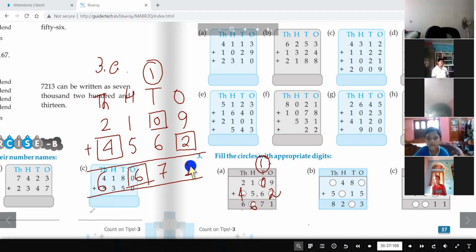Complete this sum, only then I will go to B and C. If completed, raise your hand.